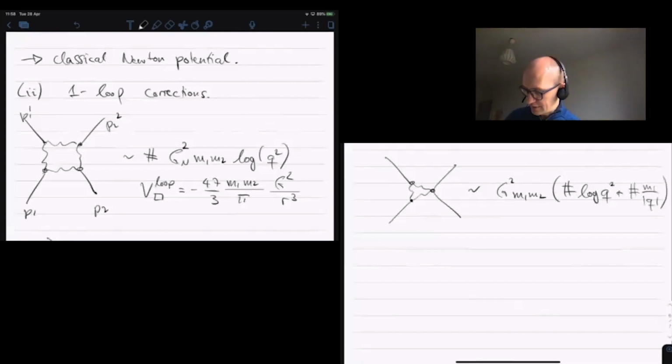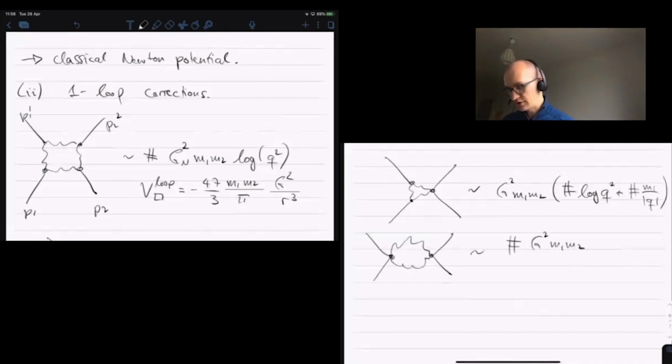Then you have diagrams of the kind, which goes like some number times G squared m1 m2 times log of q squared.